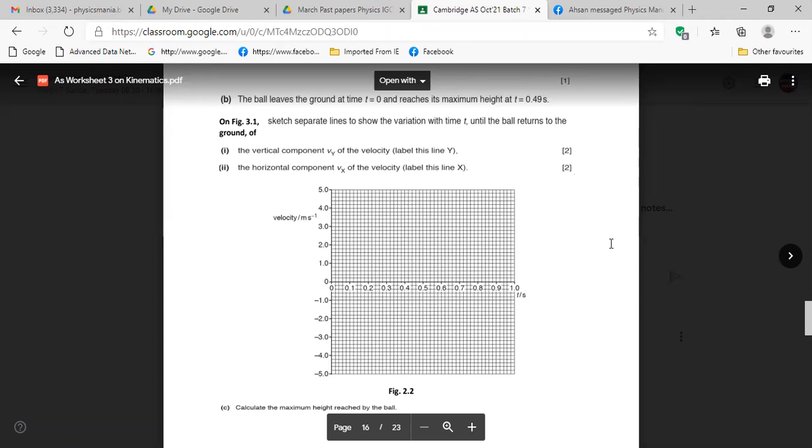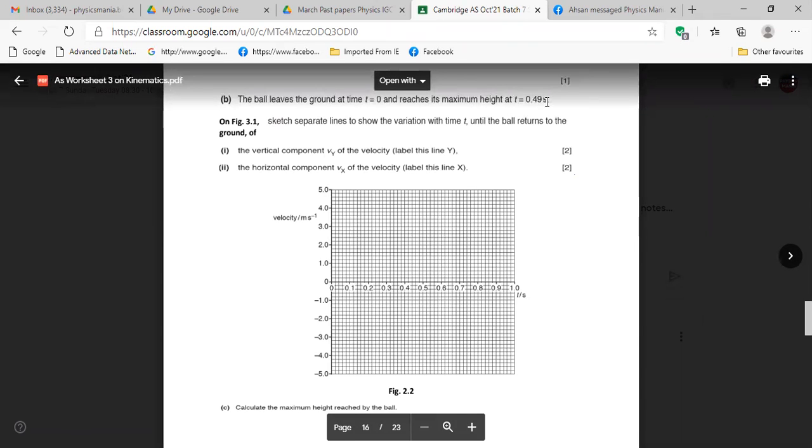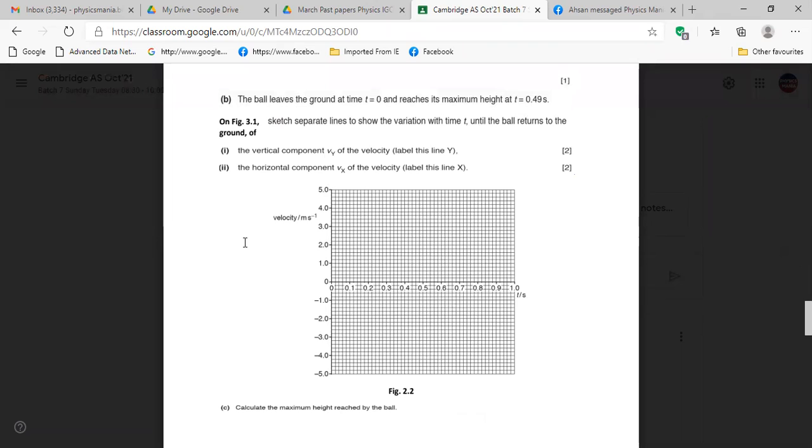Think of it: it reaches its maximum height at t equals 0.49 seconds. So in your graph, you should find where 0.49 seconds is, and there the velocity will be 0, right? At maximum height, the velocity is 0, isn't it? And the ball is going up.